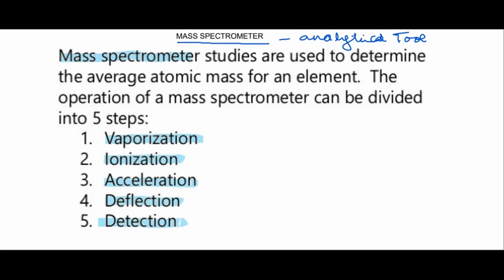So the mass spectrometer is an analytical tool which helps us determine the average atomic masses of an element. How do we get the average masses? Because we are able to identify the different isotopes present, and their percentage abundances as well.